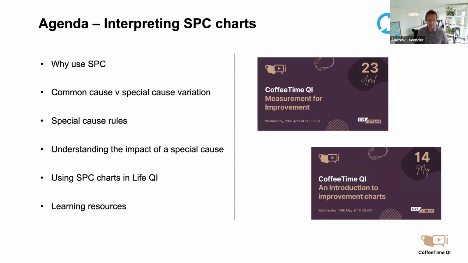We'll look at common cause versus special cause variation, look at some of the special cause rules, and how to identify them. Then, crucially, what you actually do when you see those things, because we need to apply that practically to the work we're undertaking. Then we're going to go into Life QI and look at an SPC chart, and I'll talk you through how you might use that through the course of your improvement work. And finally, we'll share a few resources at the end.